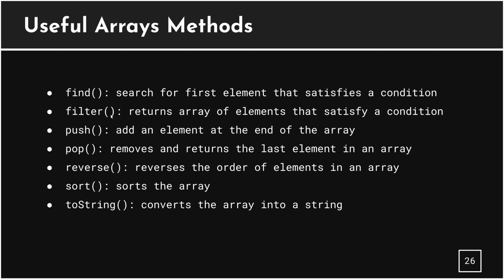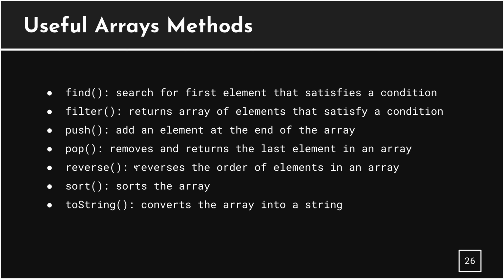We have filter, which returns an array of elements that satisfy the condition. So the difference is that this one returns only the first element, and this one returns an array. We have push and pop to interact with our array, adding and removing elements. So we both add and remove elements at the end of the array.